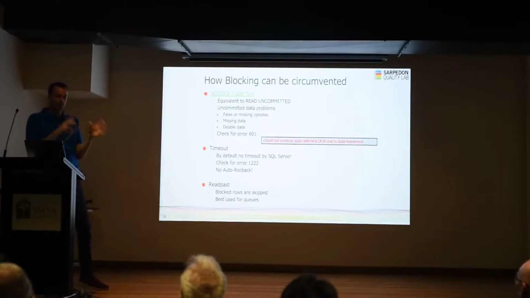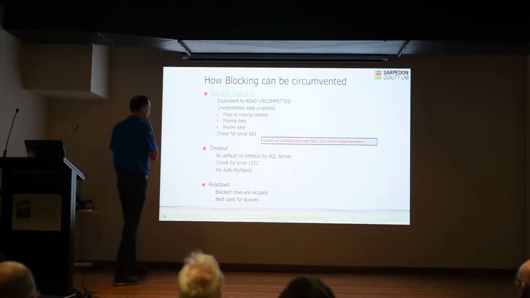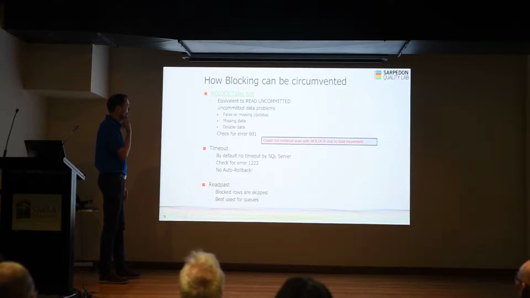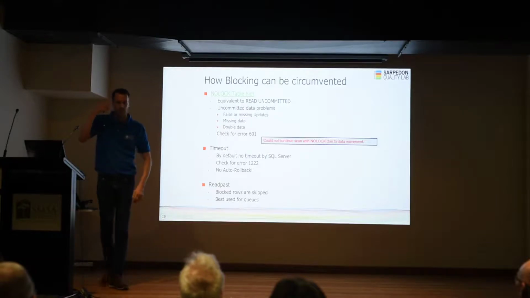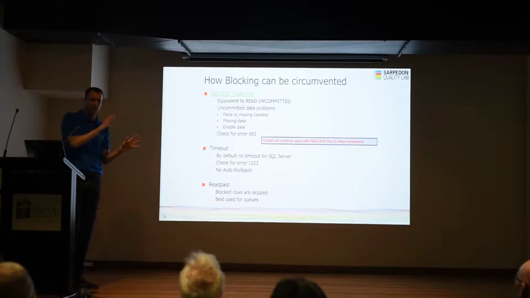If the data is not volatile, if nobody is really changing data, then it's pretty safe that you will not get those problems. But then it's also not so useful, right? So that's the big trade-off, where I really never recommend using it. And if you do, you should really know what could happen. For certain scenarios it may be okay, but you really have to consider it from the business side: is it really okay if I report the wrong amount of data, whatever the data is?